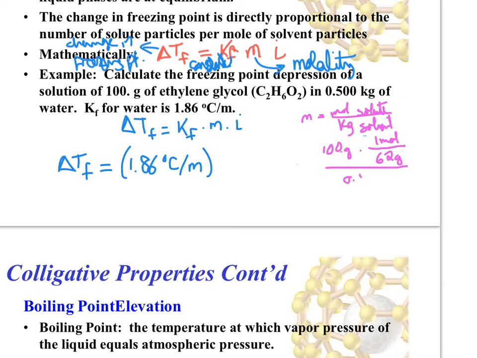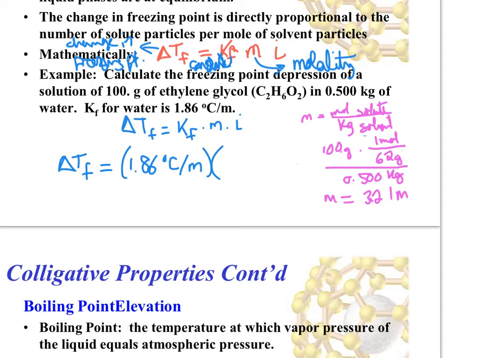I have 0.500 kilograms. So my molality is going to be 32.1 molal. Oh, excuse me, that's 3.21, not 32.1. So 3.21 molal.